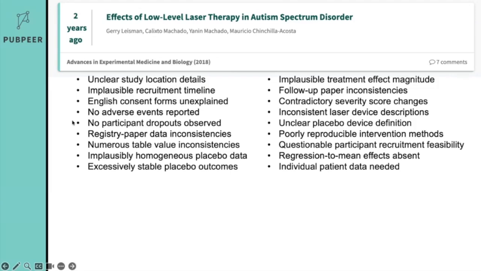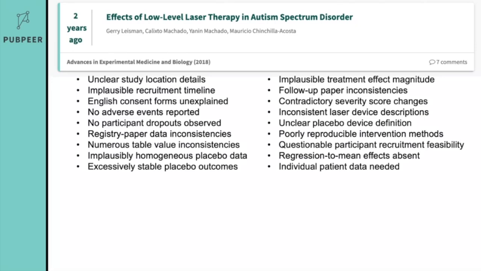There were no adverse events reported and no patient dropouts observed, which is quite unusual in clinical trials because you always expect some kind of dropouts. Some inconsistency between the registry and the paper. Some inconsistencies in the tables, in the values, some implausible homogeneous placebo data, an implausible treatment effect magnitude, so like a big effect that you would not expect in this context.